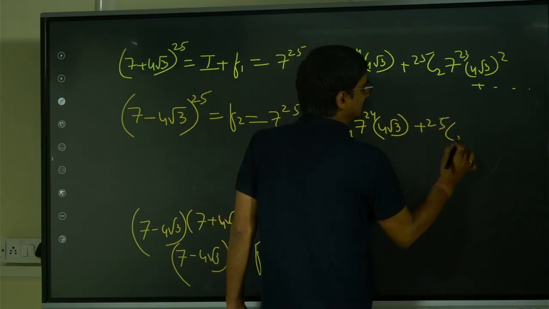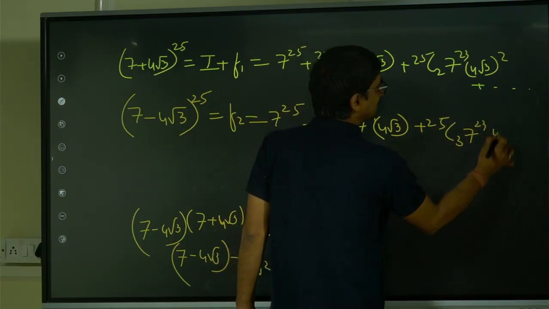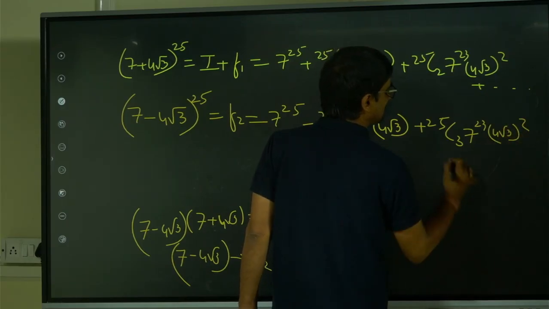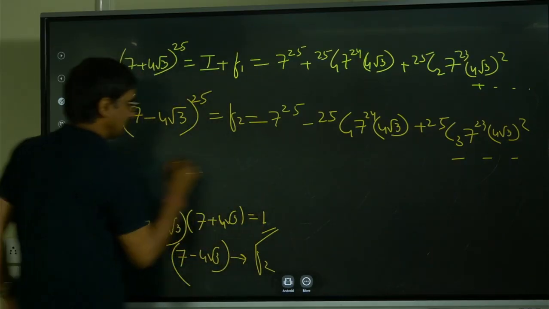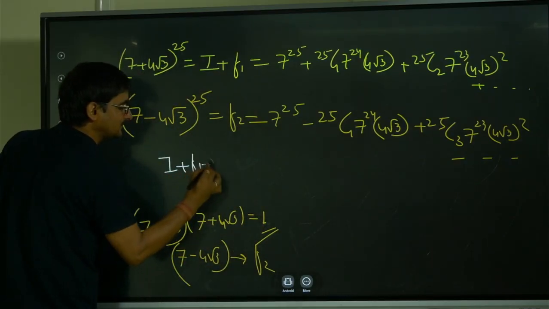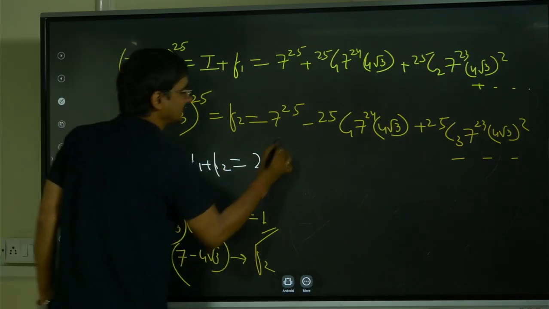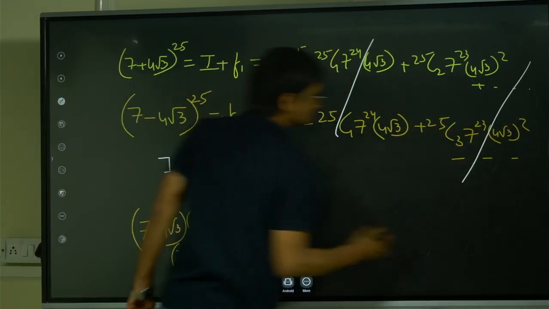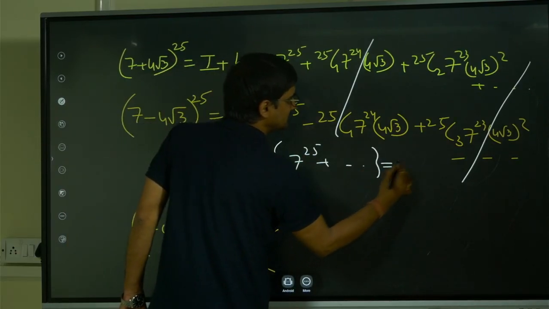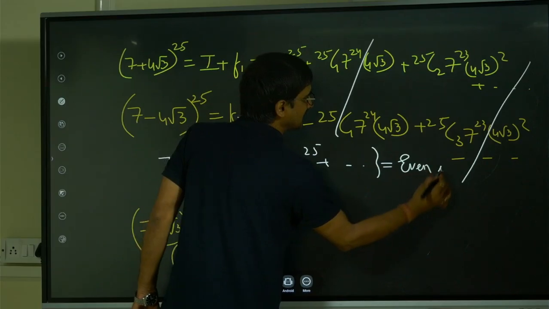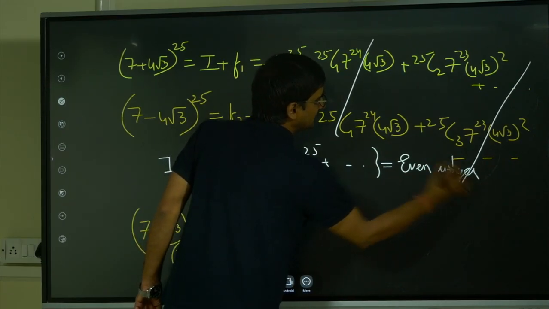Now tell me, by adding both the expressions we get an integer on the RHS, or by subtracting? Of course if we add, I plus f1 plus f2 is 2 times 7 raised to power 25, which is an integer. So that means this is an even integer. The right hand side is always even in that case.